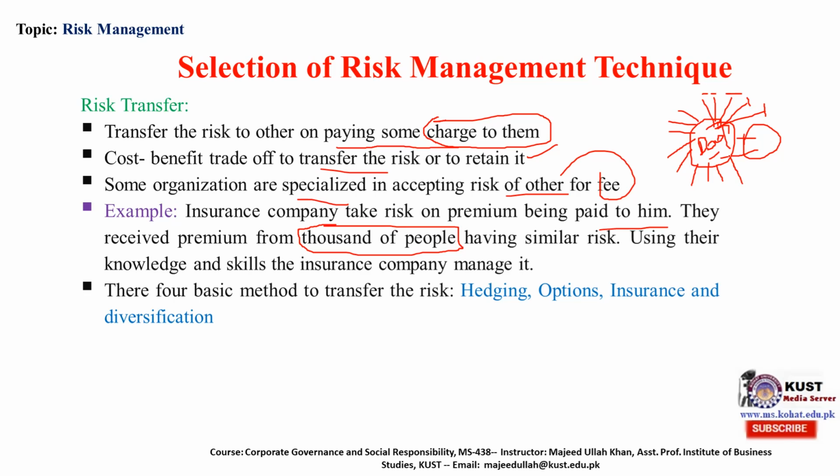In this case, when the company pays claims to all these people in case of a natural disaster, the insurance company becomes bankrupt because they would be unable to pay that much money to a lot of people. And there are 4 basic methods of transferring risk. One is hedging, the other is option, and there is insurance and diversification. We will discuss it later on.